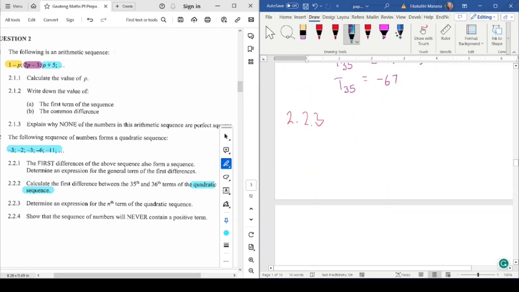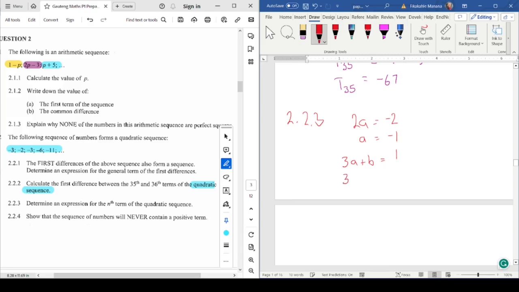So if you remember what we had, I said 2a is equal to minus 2, such that a is now equal to minus 1. And then that other one, it was 3a plus b, and it was equal to 1, right?